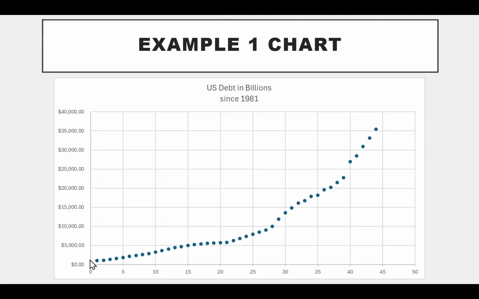That's why you can see like 35,000 is technically $35 trillion. And you can see the pattern. This is not a straight line pattern, but it does appear to sort of grow. And then as we go further and further to the right, we're shooting up at a steeper rate.